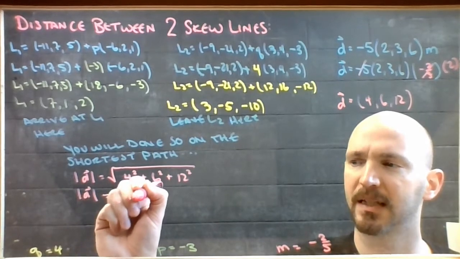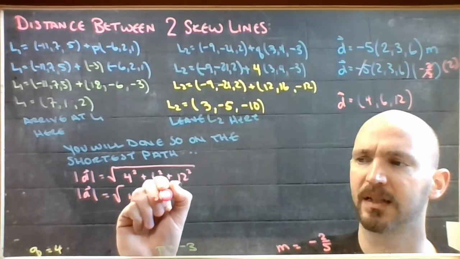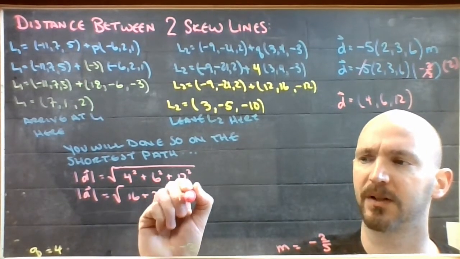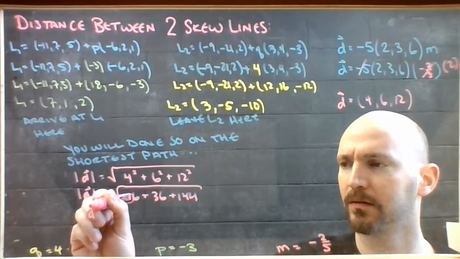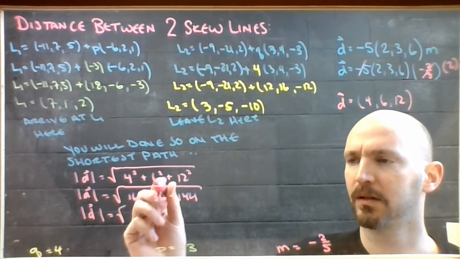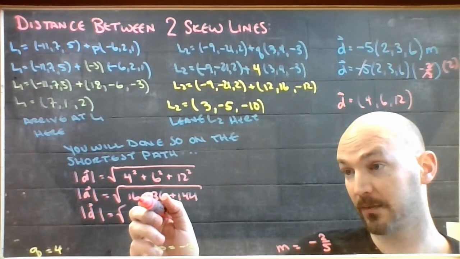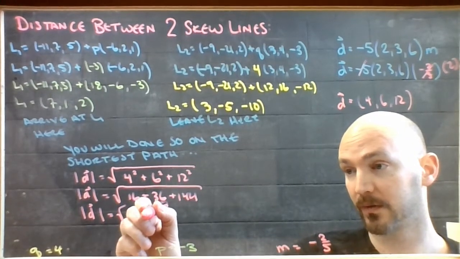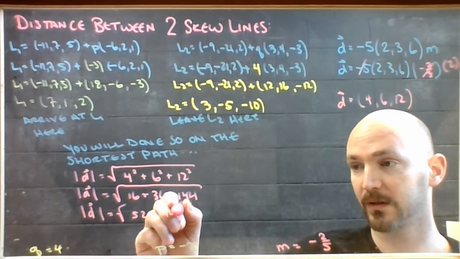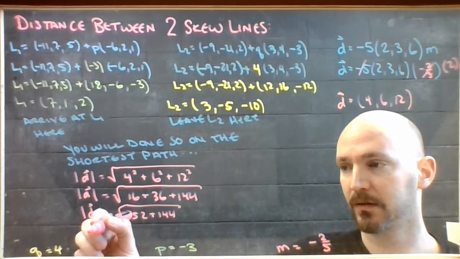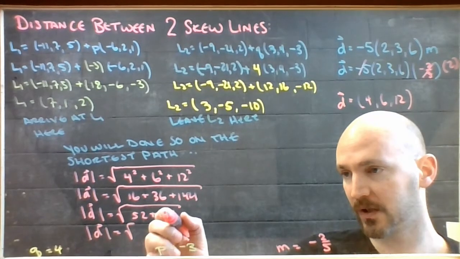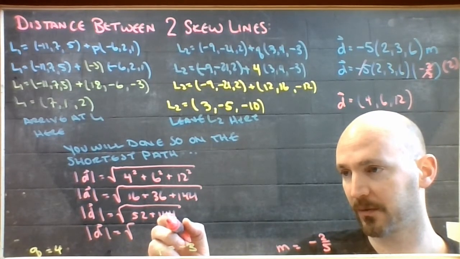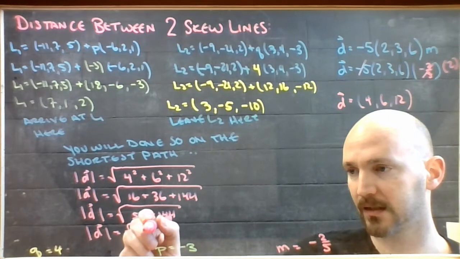4 squared would be 16, 6 squared is 36, and 12 squared is 144. 16 and 36 would be 52, plus 144. 52 and 144 is 196.